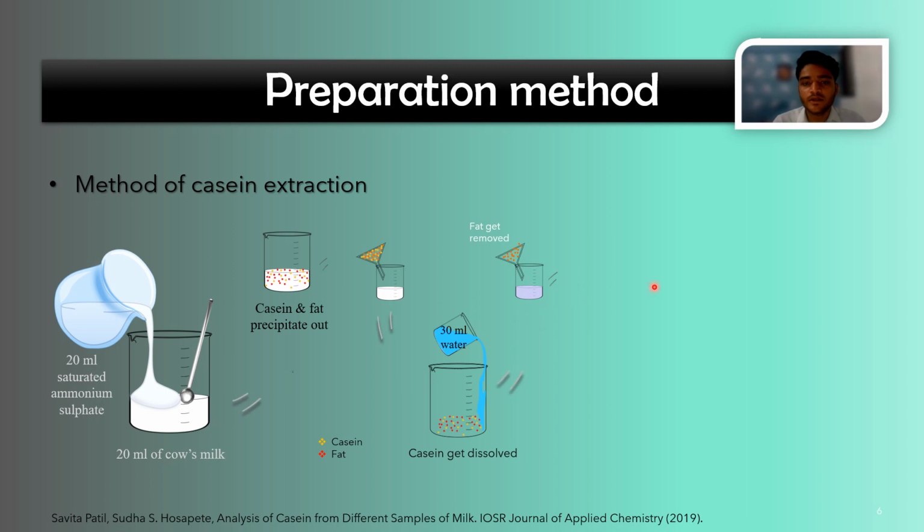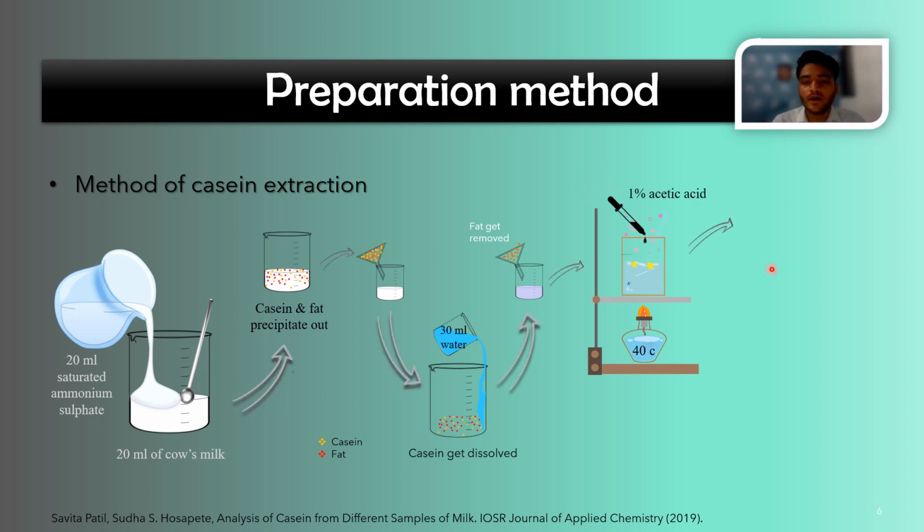That mixture is then heated at 40 degrees Celsius, and then we add 1% acetic acid which will precipitate out casein, and then it is washed with water, and so we have obtained casein.